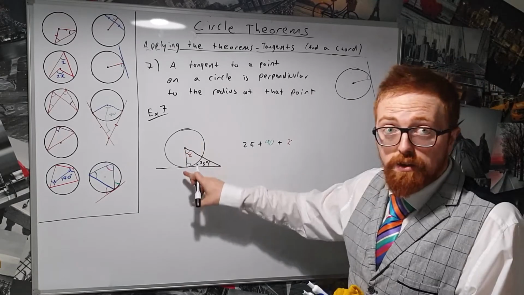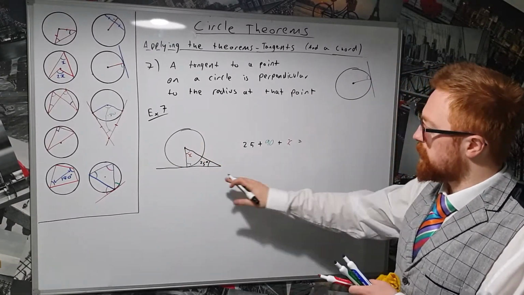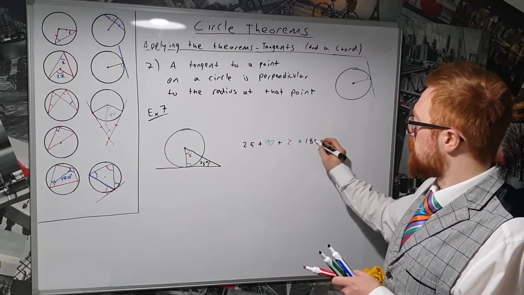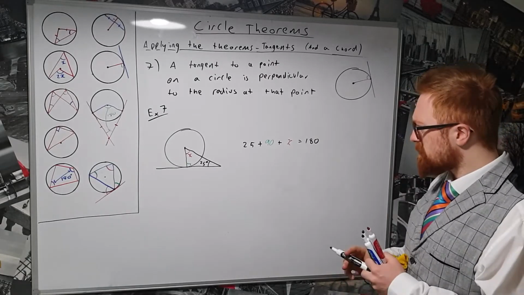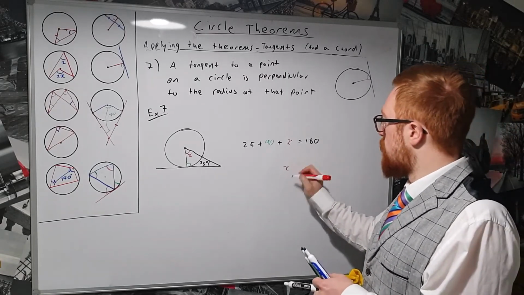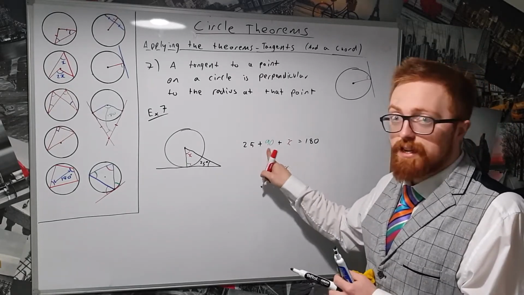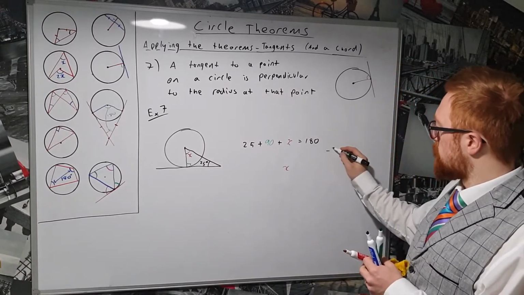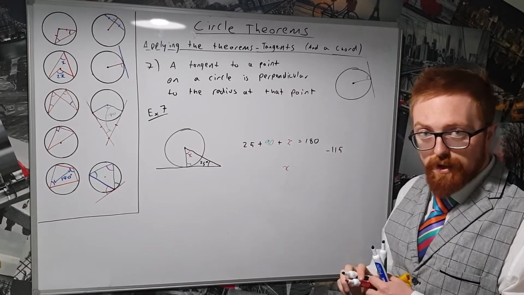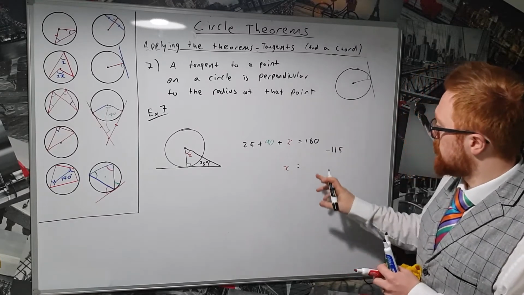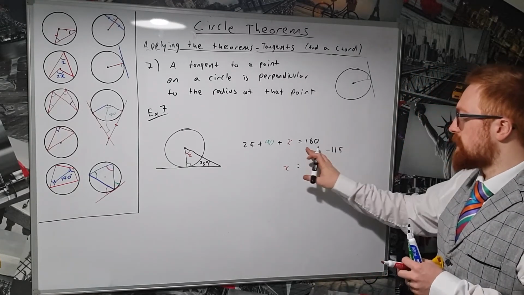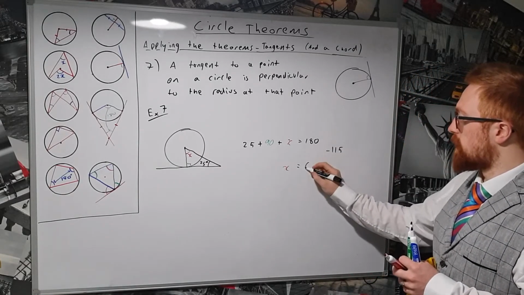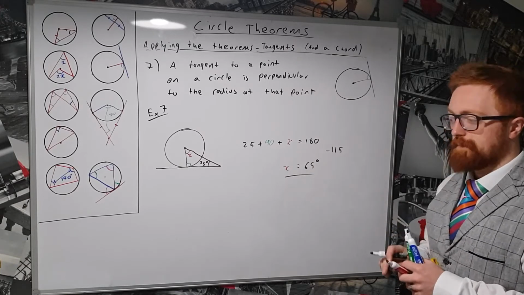And while they're all in a triangle, they form the three angles in a triangle, so they must be equal to 180. And so we can simplify this. 25 plus 90 is 115. So let's subtract the 115 from both sides, and we get x is equal to, well, 180, take away 115 is 65 degrees.